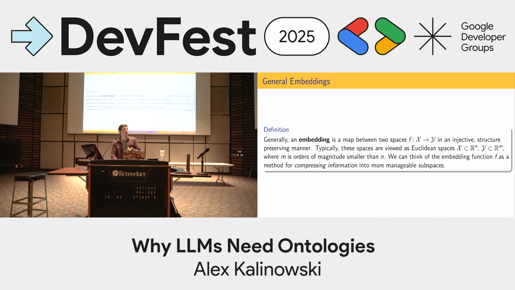In each of those building blocks are these different layers of your neural network. And each of those layers is actually what we call an embedding. So typically, these embeddings are Euclidean spaces, R^n, R^m, where m is going to be magnitude smaller than our entire data set. So if you think of the number of tokens in the entire English language, it's going to be huge.